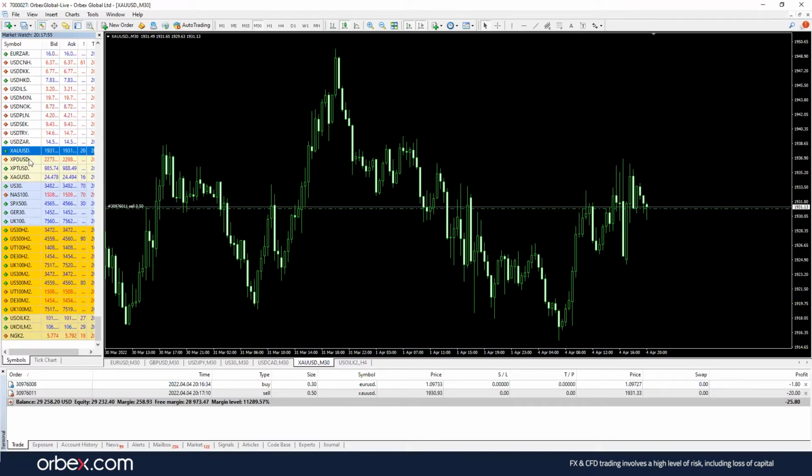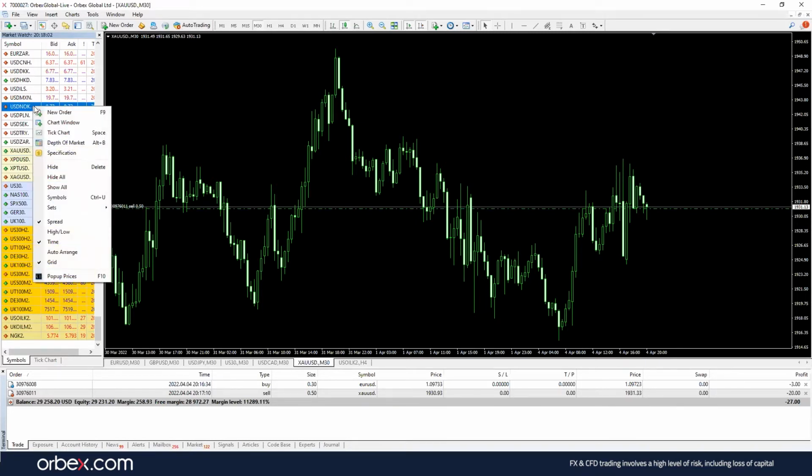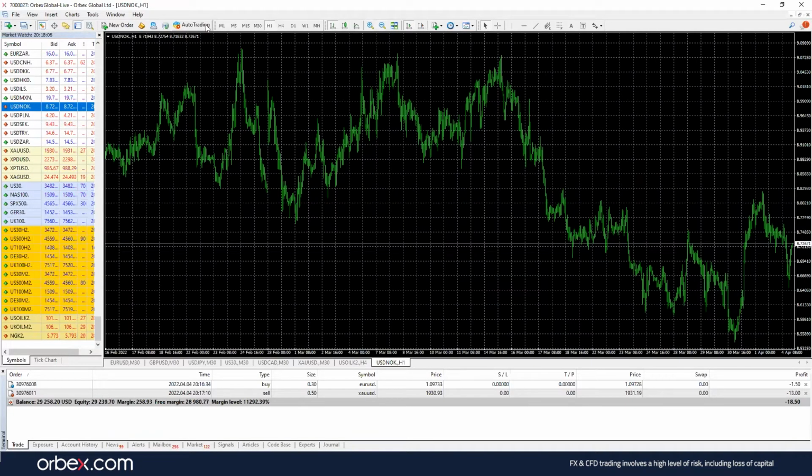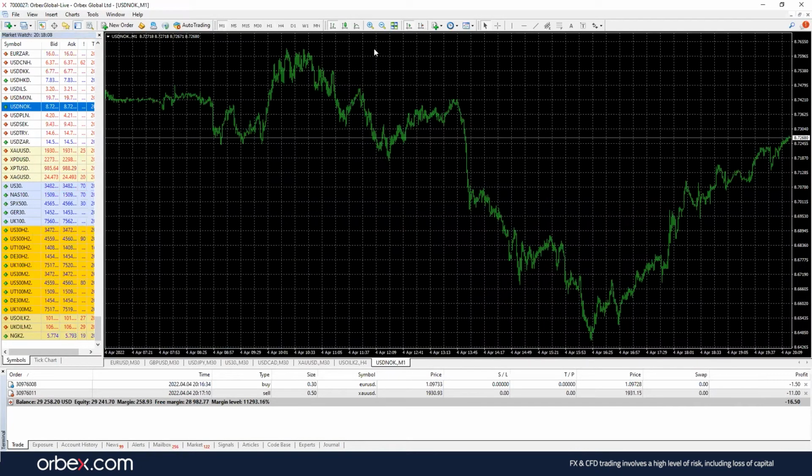example to show you actually is if you go to a low liquidity pair. Let's just try the dollar against the Norwegian kroner. Open this chart. Let's go into the minute chart. Let's just see what we've got here.